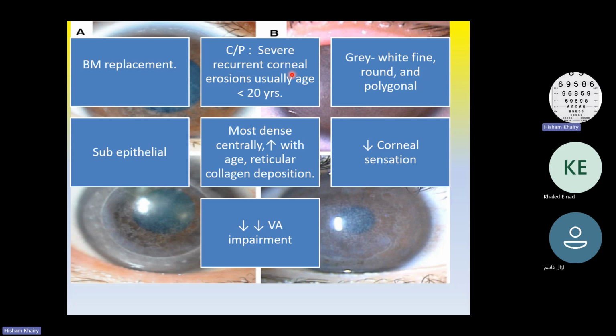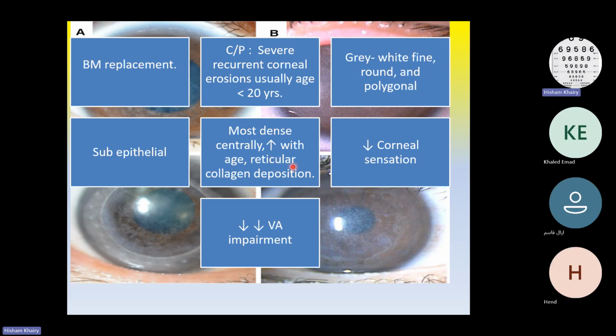It might have a clinical picture of severe recurrent corneal erosions under the age of 20. Most changes are central and increase with age. With reticular collagen deposition, there is visual impairment. There might be decreased corneal sensation and gray-white, fine, round, and polygonal lesions.